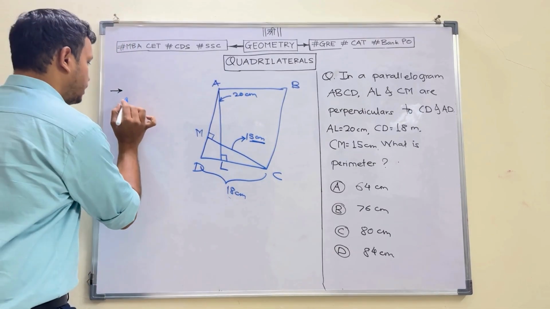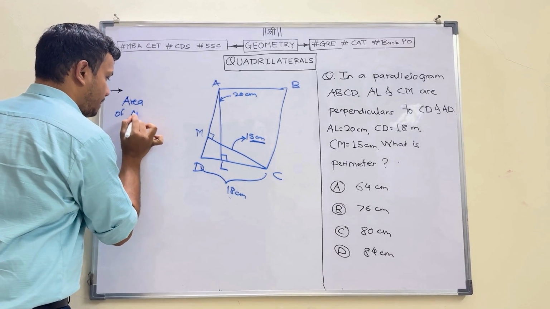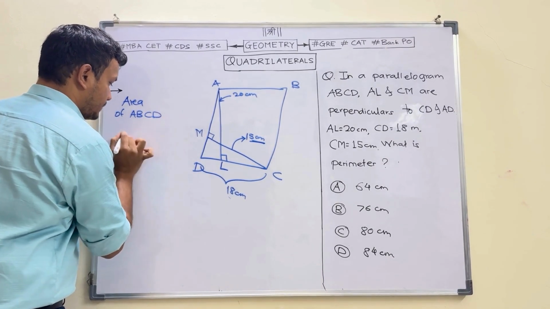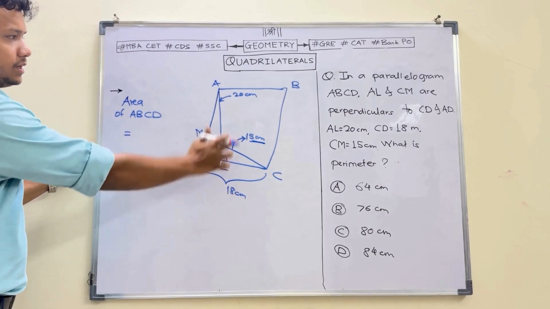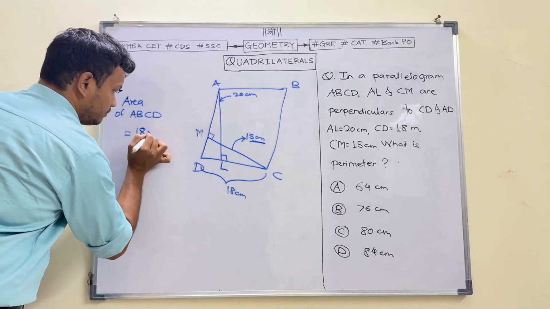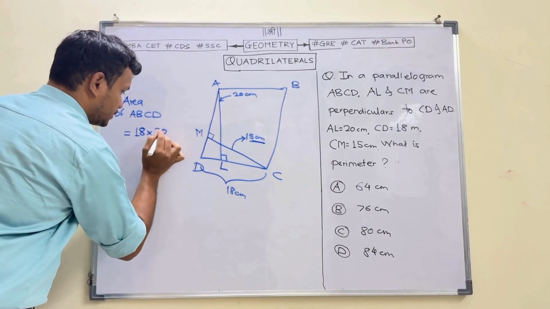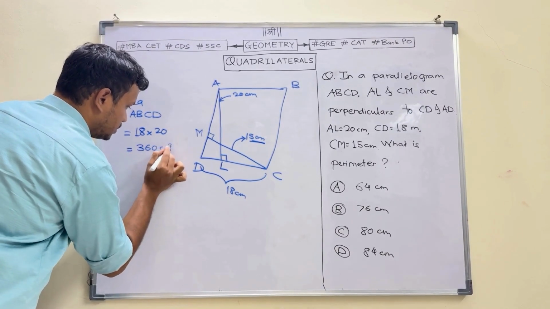So area of ABCD parallelogram should be equal to CD, which is my base, and AL height. So 18 is my base, height is 20. So what will be the area? It will be 360 centimeters square.